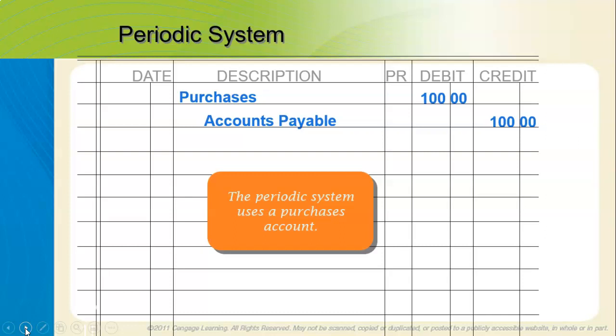Of course, we'd also have the vendor name in there, the date listed, and an explanation of the invoice number, etc. But we would be debiting purchases and crediting accounts payable for that $100. And this is what we did in Chapter 11.